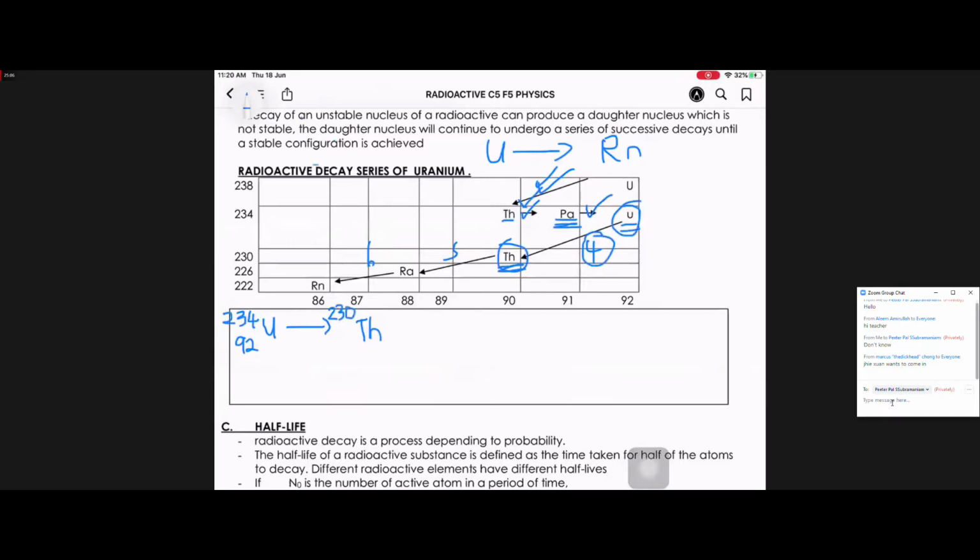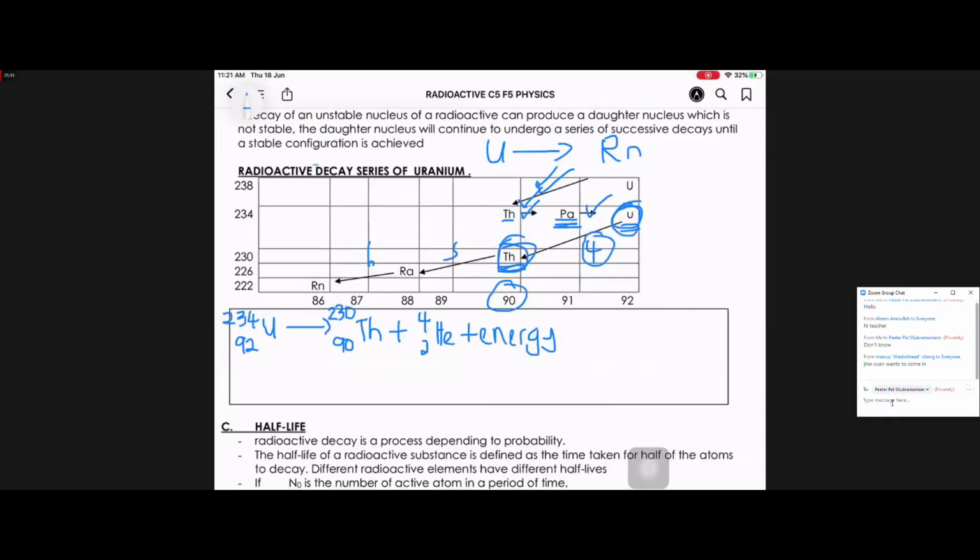What is the proton number? 90. Plus, what was released? Alpha. 4, 2 helium. Plus energy. Okay, very good.